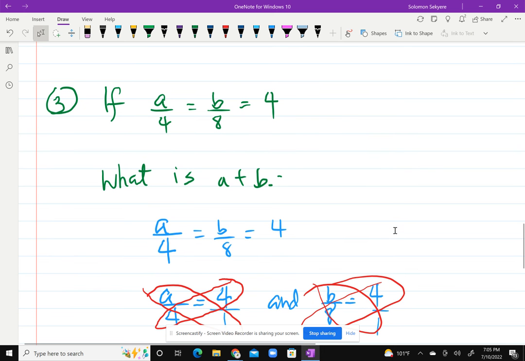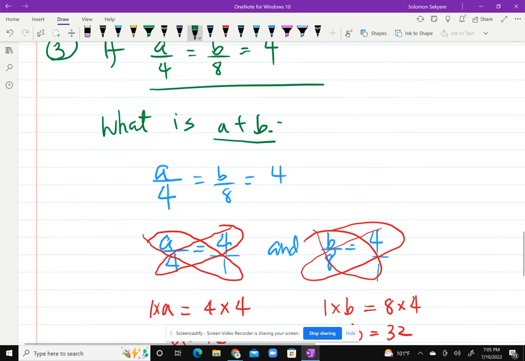Okay, let's do the last one here. If a over 4 is equal to b over 8, and then it's also equal to 4, what this means is, the question is, what is a plus b? So we need to find a, and then we need to find b, and then we come back and add it.